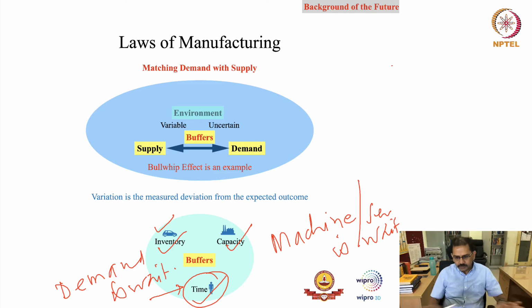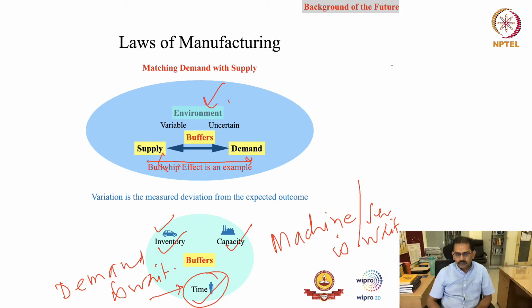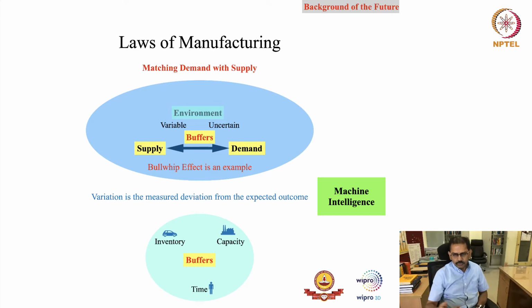So in this setting, what we actually have to see is how technology can allow us to reduce the impact of the environment in matching the demand and supply, right? So the point which comes in is, can machine intelligence do that, right?